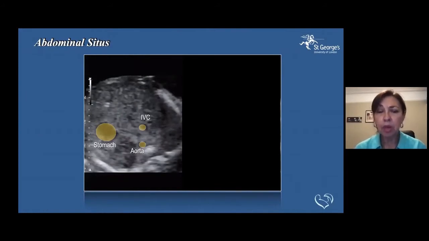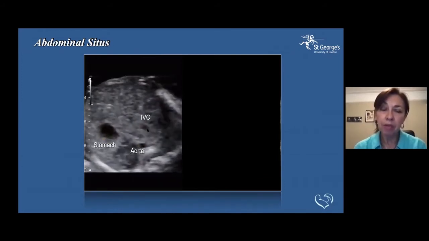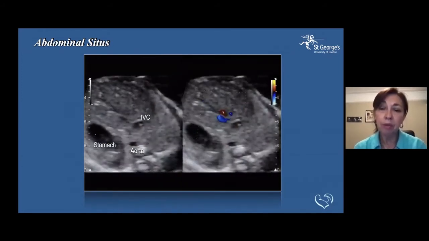So this is what I'm going to try and accentuate today, how important it is to look at the details and how useful the color, in particular power and E-flow, can be for seeing those smaller details of the smaller vessels. So if we go back to our sequential analysis starting from the situs, we have here the transverse view through the abdomen with the aorta to the left and the IVC to the right with the stomach to the left.